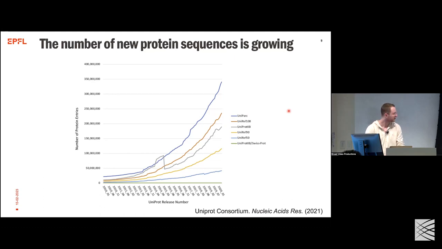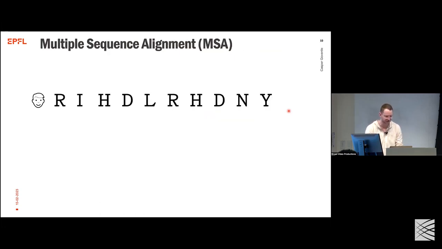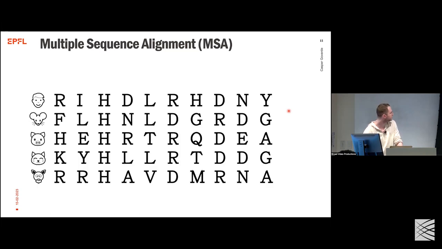And why are these sequences so interesting to us as protein designers, since mostly we're interested in the structure of these proteins? So I need to make another little sidestep. I need to tell you something about multiple sequence alignment. So what you can do is you can take a protein sequence. So for example, we take a protein that occurs in a human, and then we can do a database search in all these sequence databases.